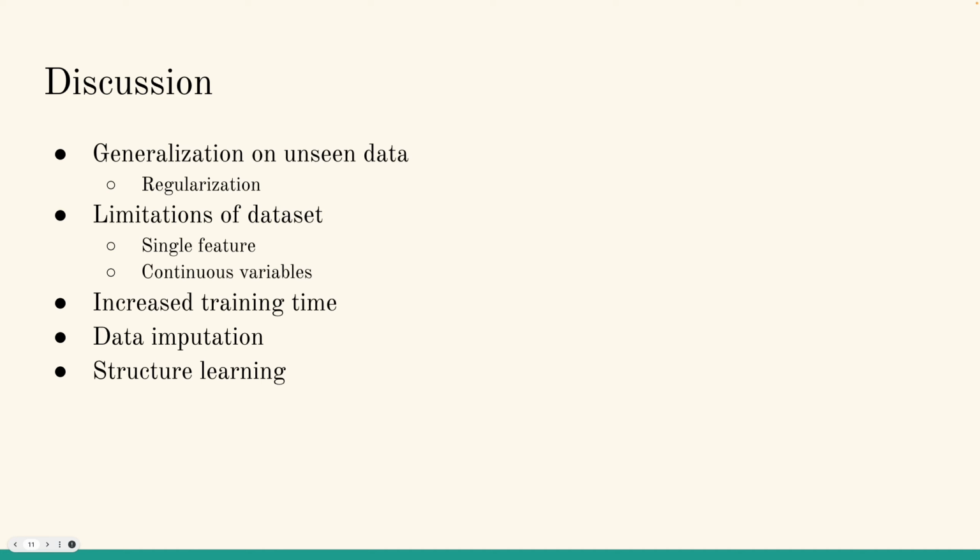Next, I want to discuss some of the limitations of the data set that was used. For starters, it was only done on a single feature, and this served as a good initial test case and gave a clear, concrete metric to test against, seeing if the hybrid model can overcome the limitations of linearly or non-linearly separable data.